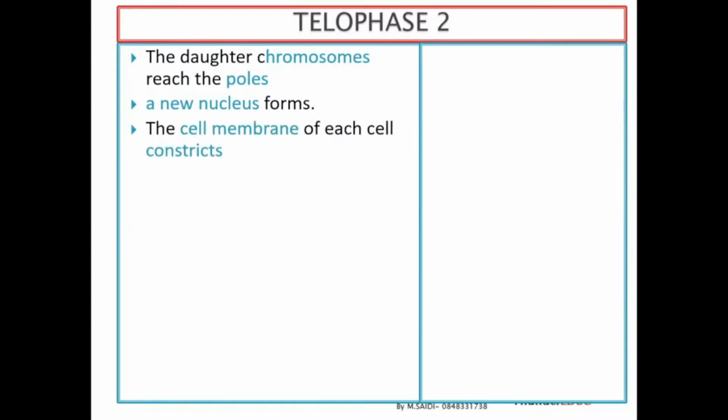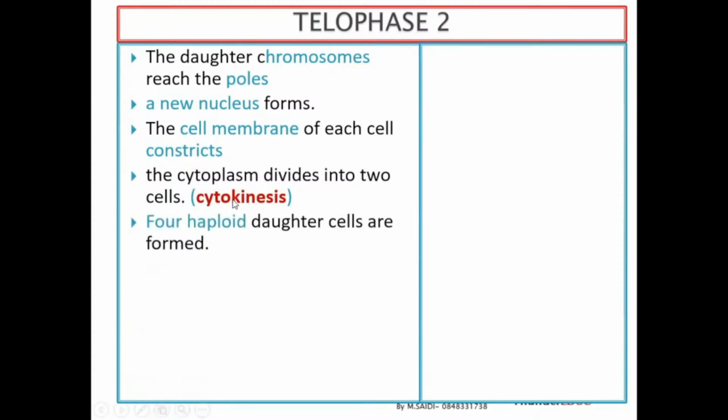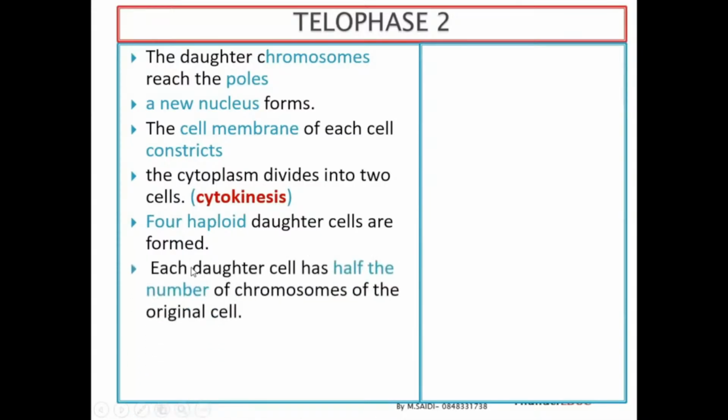Then the cell membrane of each cell constricts, and then the process of cytokinesis occurs. When the cytoplasm divides, haploid daughter cells are formed, and each daughter cell has half the chromosome number of the parent. So that's why we say that meiosis is the process whereby one cell divides to form 4 daughter cells which are haploid, or which have half the chromosome number of the parent.